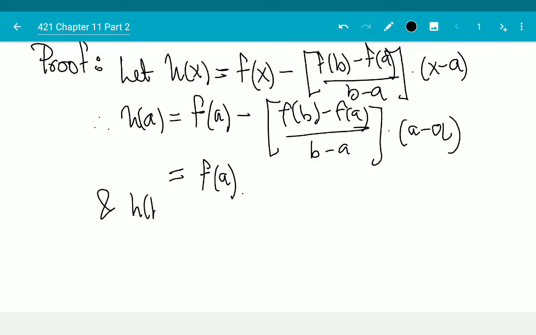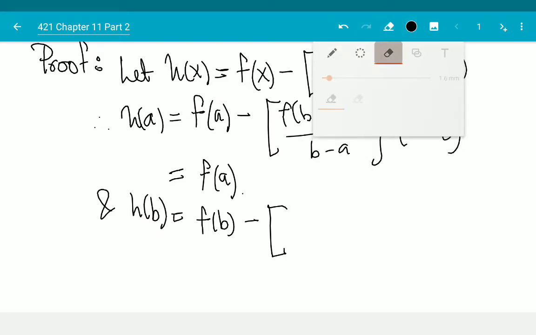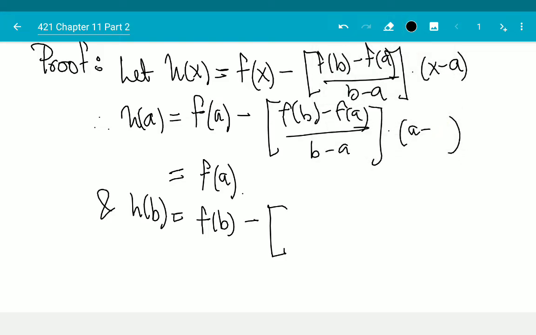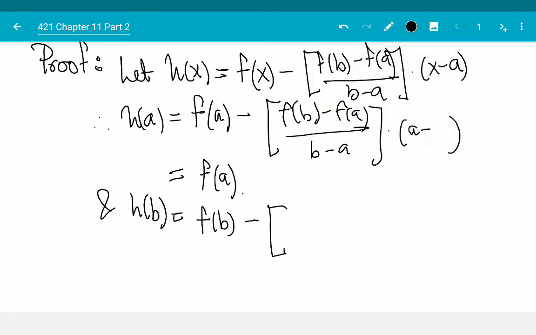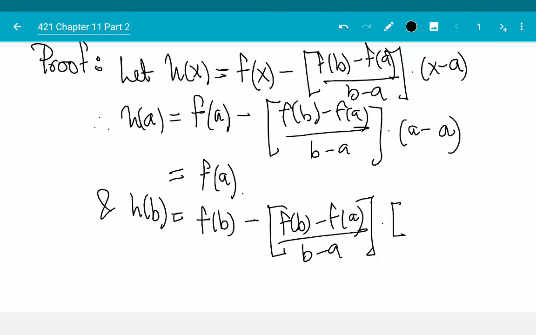And h of b is equal to f of b minus, well, let me write this properly, my bad, this a looks ugly. f of b minus f of a over b minus a multiplied by b minus a.